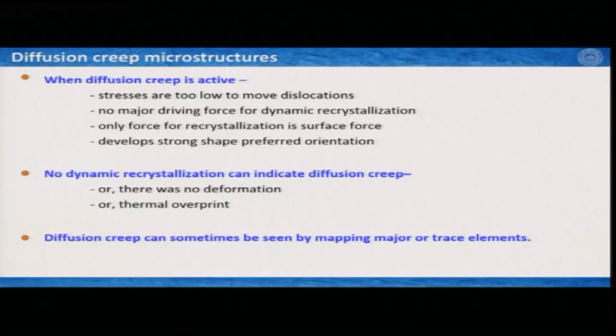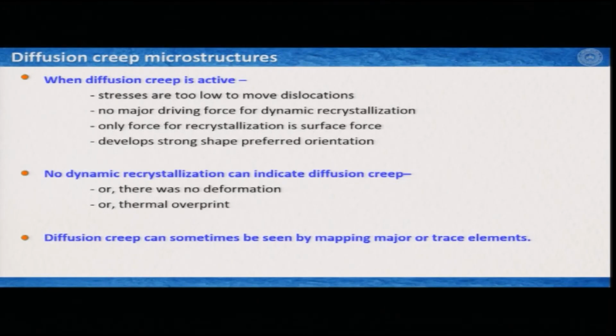Now, the only force for recrystallization you have is the surface force, and therefore it develops a very strong shape preferred orientation. So, you do not have any dynamic recrystallization, which means that there was no deformation or there is no thermal overprint.